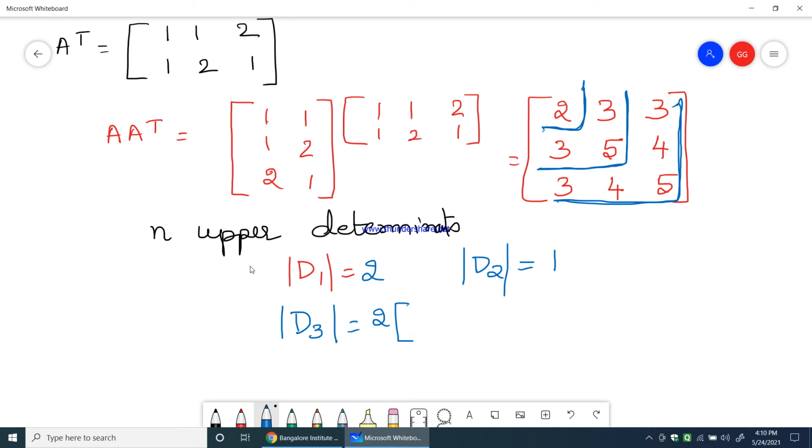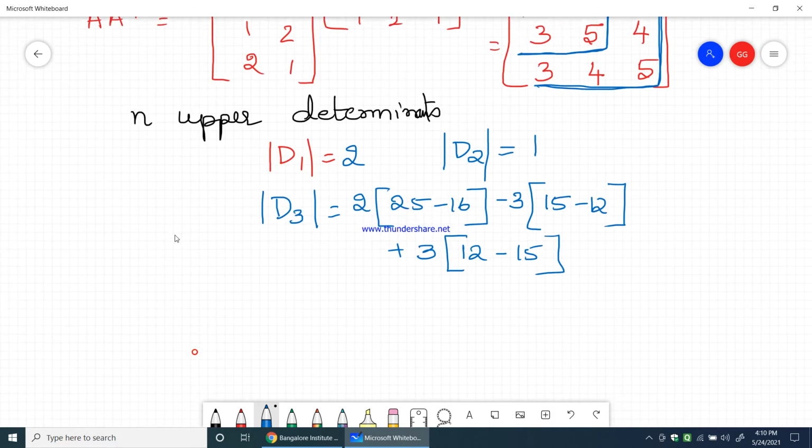So it is 2 into 25 minus 16, that is 2 into 5 fives are 25 minus 16, minus 3 into 15 minus 12, plus 3 into, leaving this column and this row, 12 minus 15.